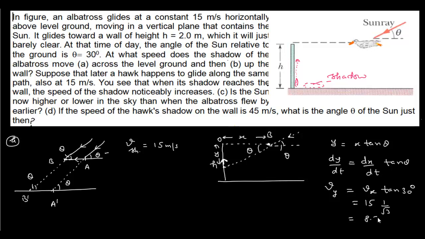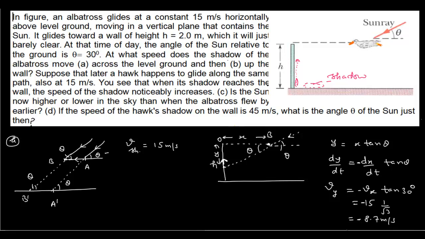8.7 meters per second. And how do we come to know that the shadow is moving towards the point O? If you look carefully, as the bird is moving towards this point O, this x is decreasing, so you can put a negative sign here as dx is negative. So this is negative, this is negative, and this is negative.